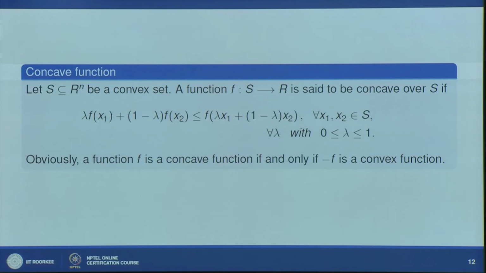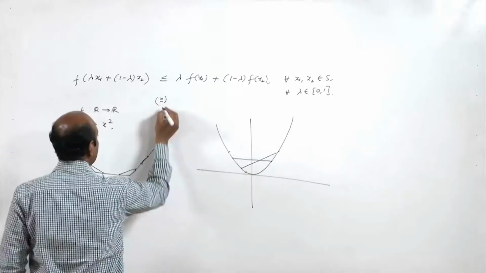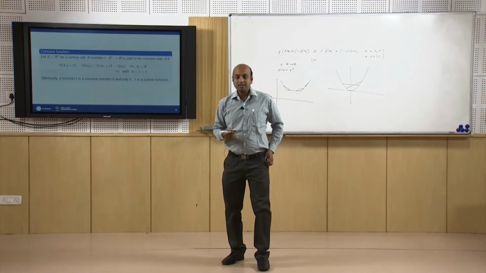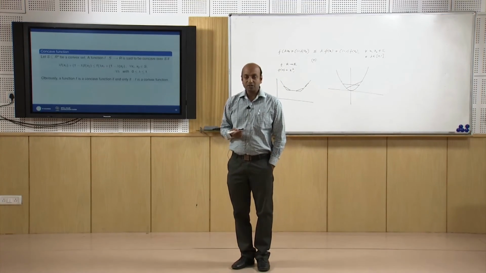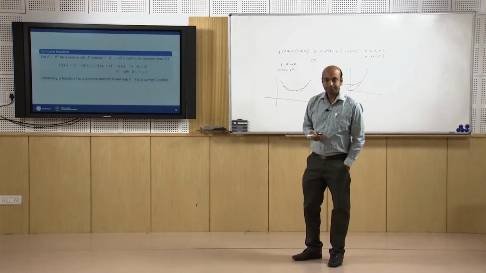Now if this inequality is reversed, that is we have greater than or equal to, then the function is called a concave function. That means a function f is concave if and only if negative of f is convex.